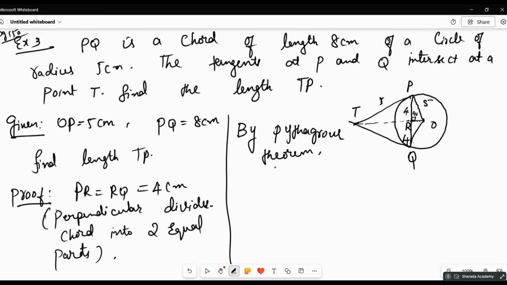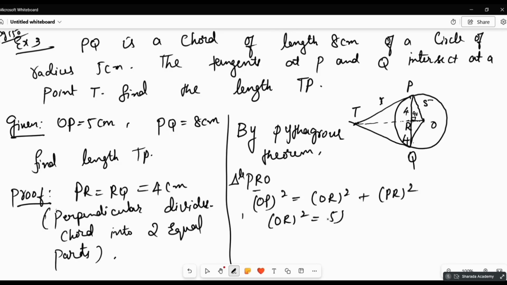So first, by Pythagoras theorem in triangle PRO, OP square will be equal to OR square plus PR square. So OR square is equal to OP square, 5 square, minus 4 square, that is 25 minus 16.